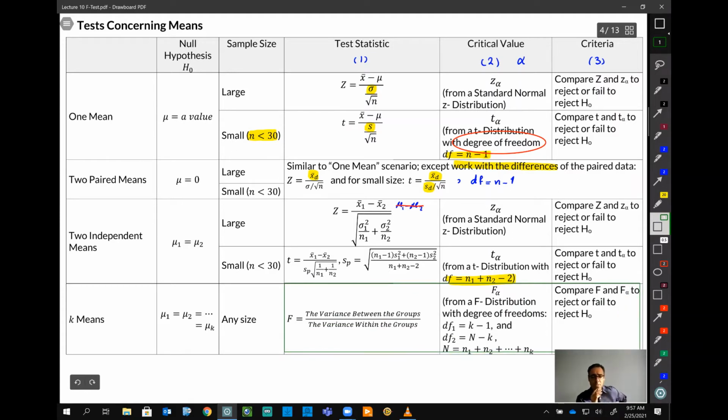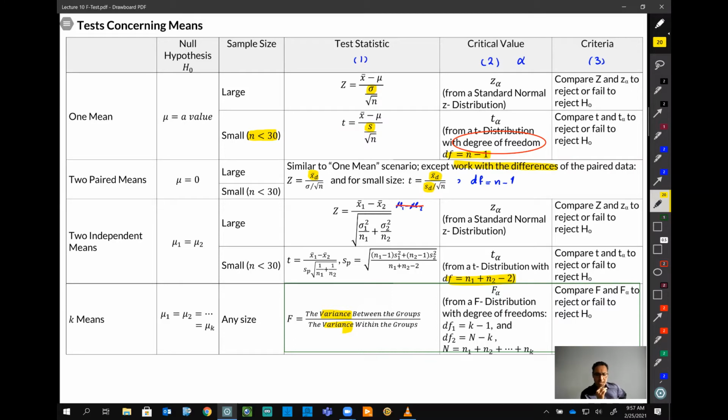Something called the F-test, which I will explain why people call it F-test. And it concerns the variance. So it looks at the variance now. Maybe that's why it's a little bit complicated, because now instead of means, we will work with variance. And variance between the groups and within the groups, which I will explain.